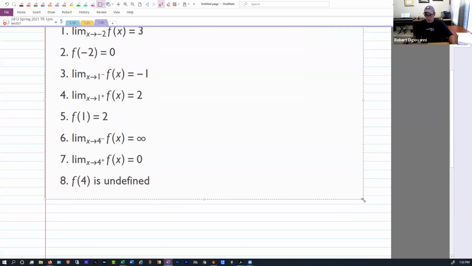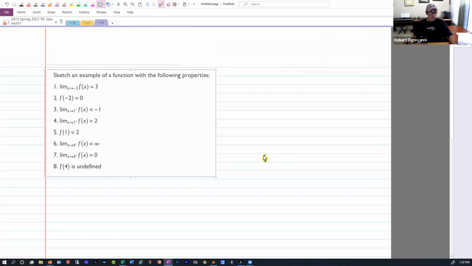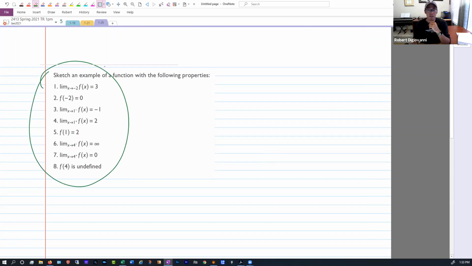Make this a little smaller. So we are supposed to sketch a function that satisfies all 8 of these conditions. Everybody's graph is going to look slightly different, but we all should have the same 8 conditions met. So let me show you how you do this.